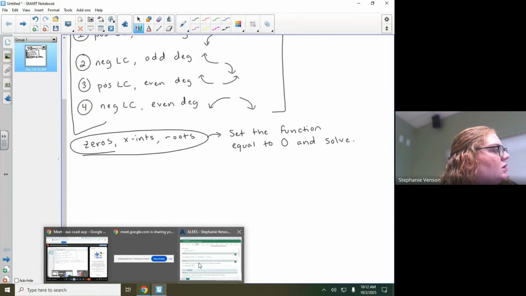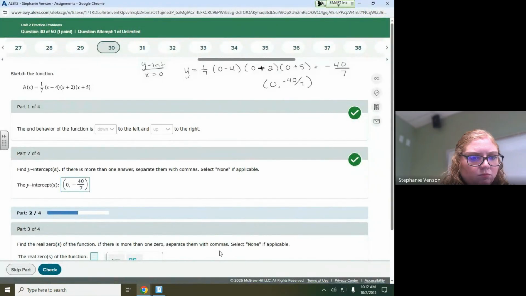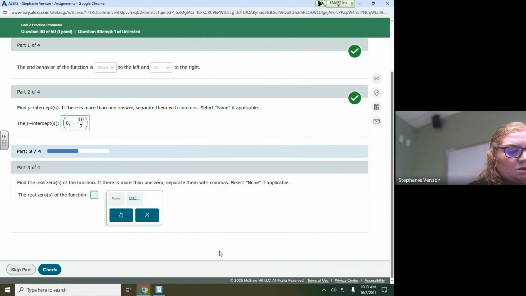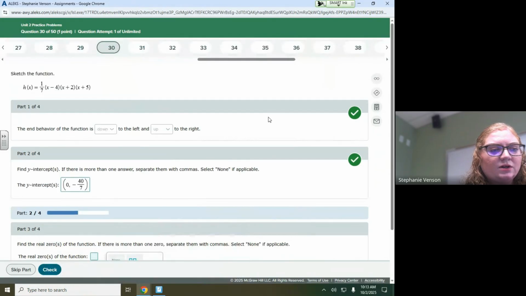I'll do it up here where I can see the function. So 1/7 times x minus 4 times x plus 2 times x plus 5 is equal to 0. And you just set each factor equal to 0. These are so much easier in factored form.